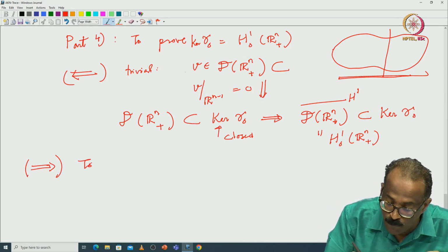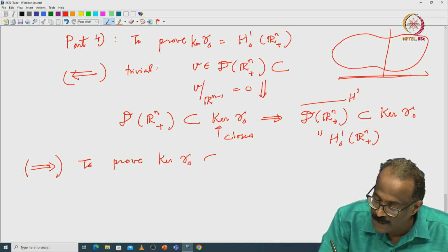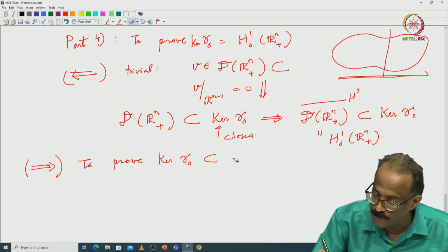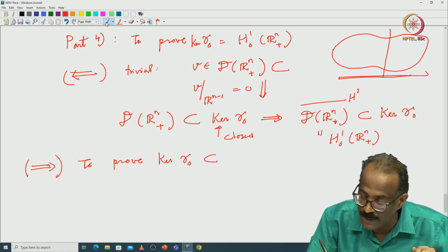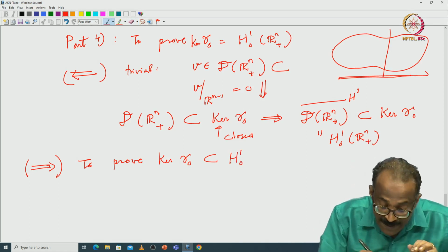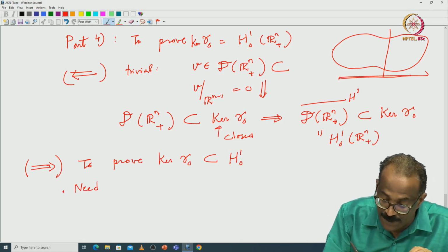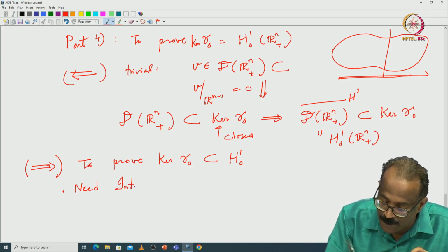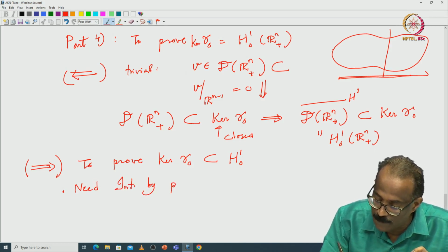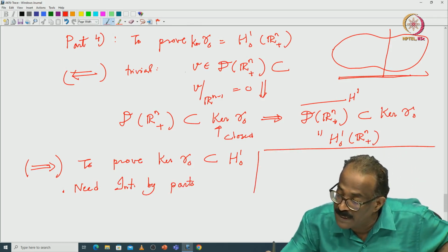So, to prove that the kernel of gamma naught is contained in H^1_0, what you need is the integration by parts formula, which is already proved in the previous classes.